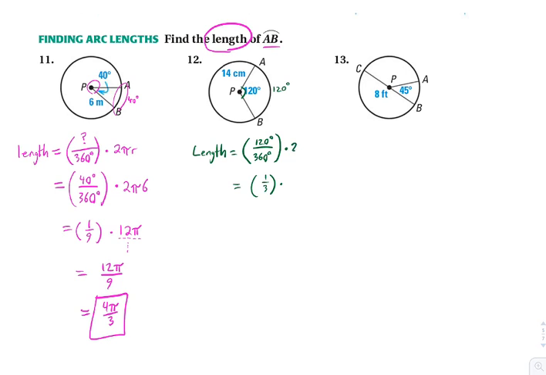Well, I'm going to use 2 pi times the radius, and I've got a radius of 14. So that's 1/3 of 28 pi. Putting that over 1 and multiplying, that's just 28 pi on top, 3 on bottom. And since 3 doesn't go into 28, there's nothing to simplify. So that is the length of the arc.